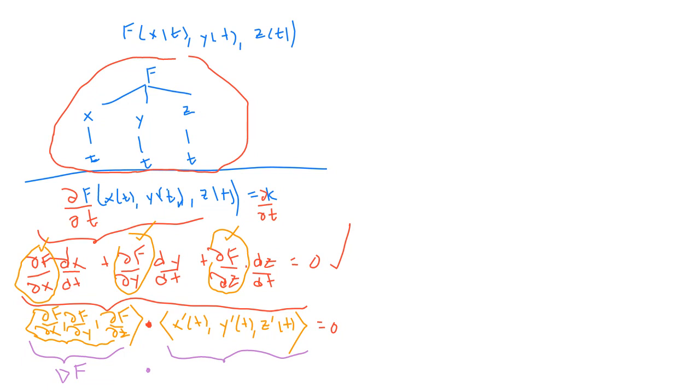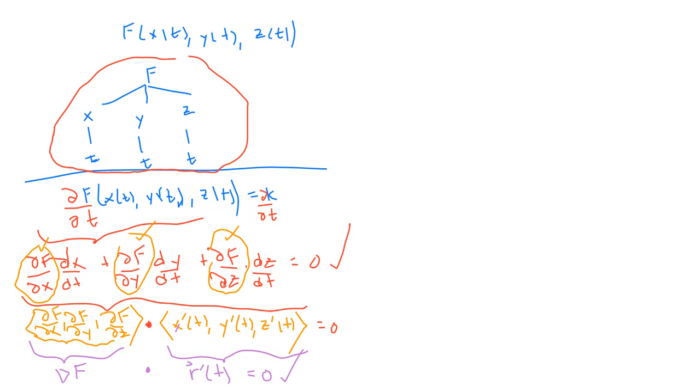Well, it's a vector of derivatives. Tangent vector, good, r prime of t. So we get this result. We get that the gradient vector dotted with r prime of t equals 0.